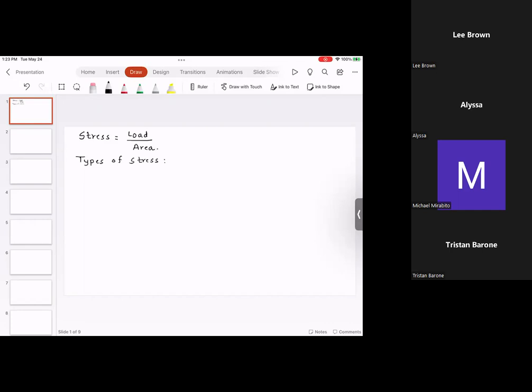And there are two types. One is a normal stress and the other one is the shear stress. So we have a normal stress and then we have a shear stress.